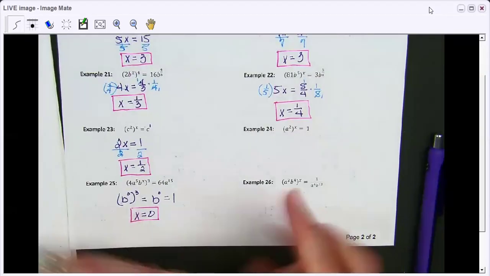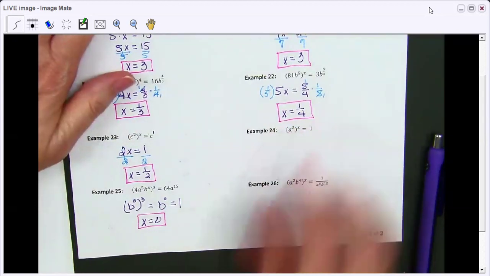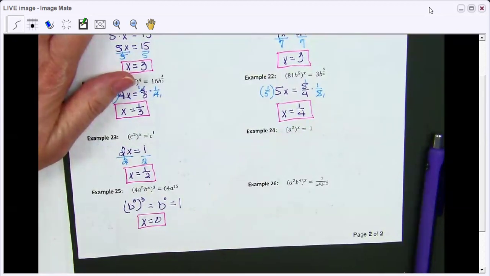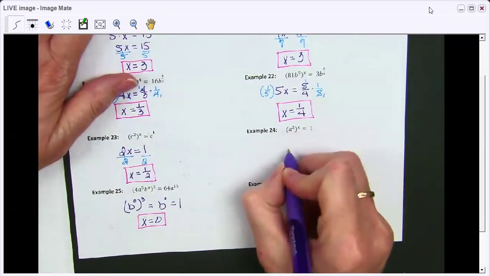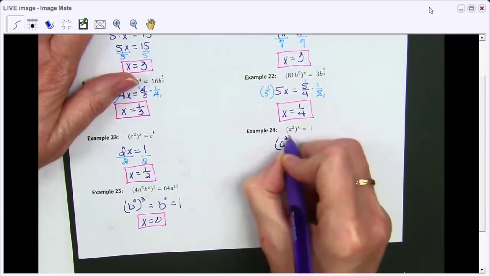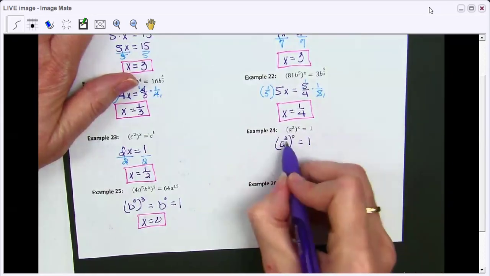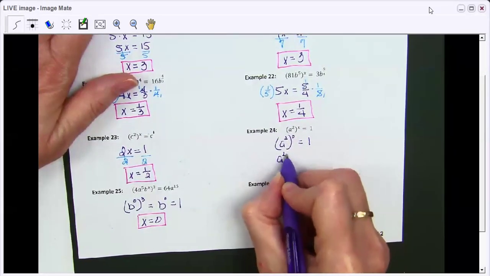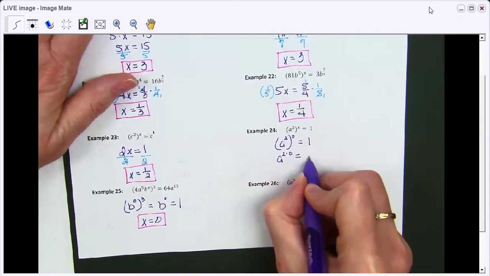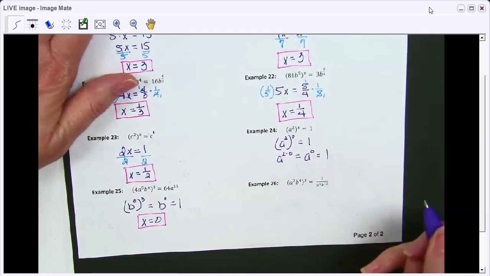Example 24: what would you have to multiply 2 by so that this whole thing turns into a 1? 0. So x here, a squared raised to the power of 0 is going to give you a 1. Remember, when you have a to the power of 2 times 0, you get a to the power of 0, and anything raised to the power of 0 is 1.